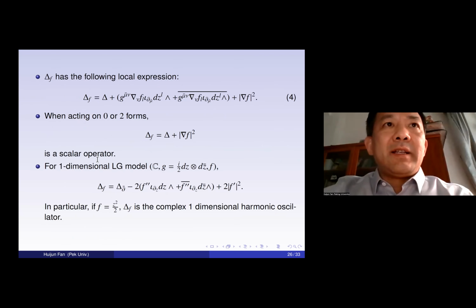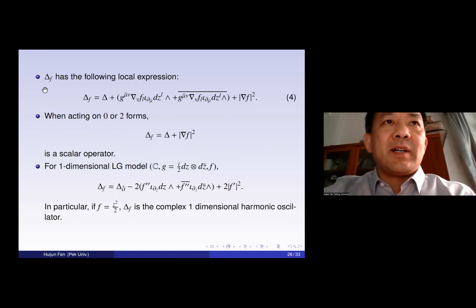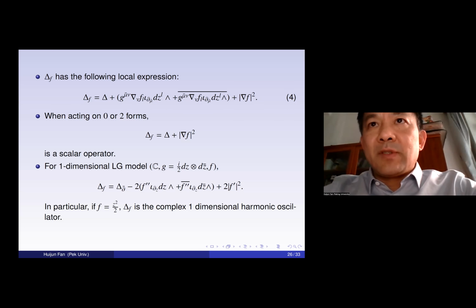So let's take a closer look at this twisted Laplacian. If we take local coordinates, Δ_F has the following expression. You can see this is the usual Laplacian plus a middle term. This middle term relates to the second derivative of F, and then plus the norm of ∂F squared.